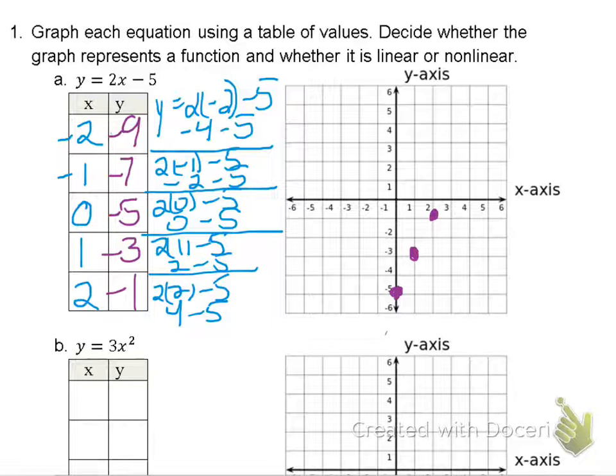Okay. So if we were to connect these dots, we would have a straight line. So this is a linear equation.